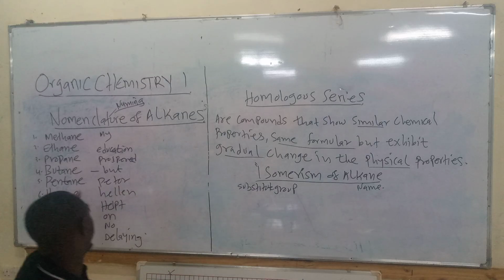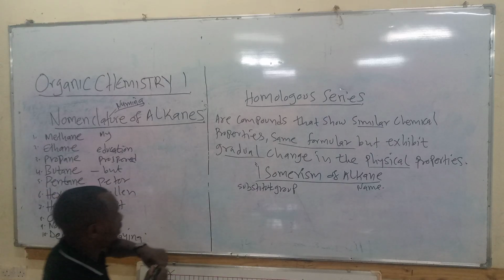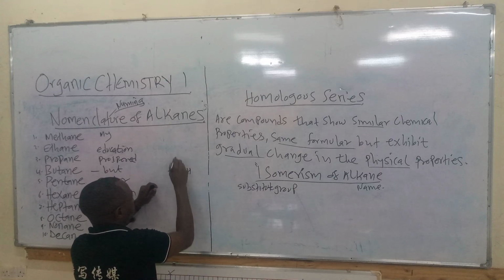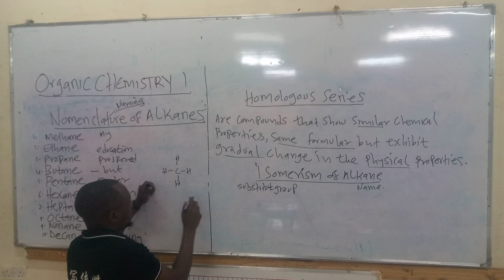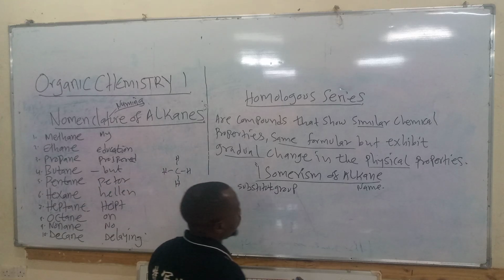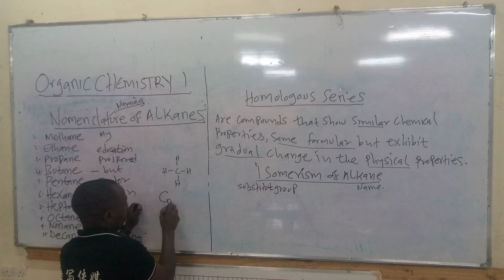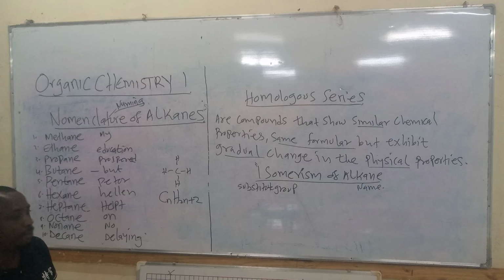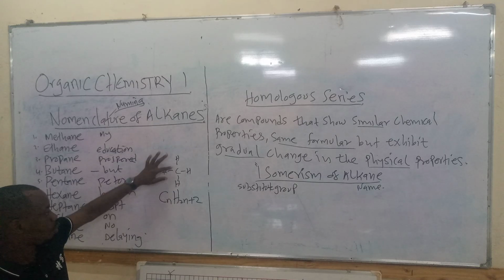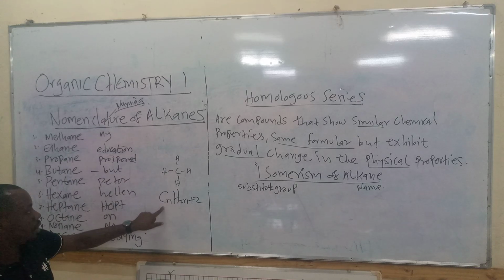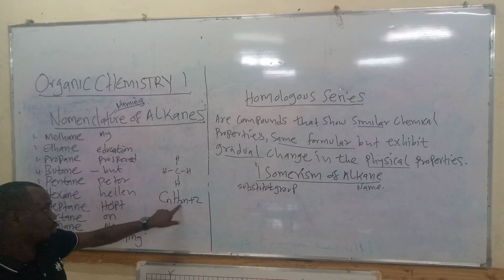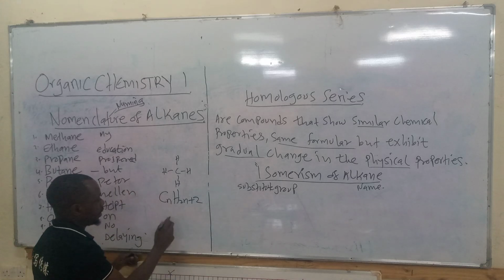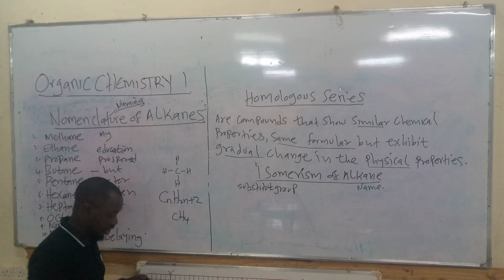For example, this is methane, which is written like this: one carbon with four hydrogens, because all alkanes conform to the general formula CnH2n+2. If we have only one carbon, then we have four hydrogens, because it is 2 times 1 plus 2, which is 4. So the molecular formula for that one is CH4.